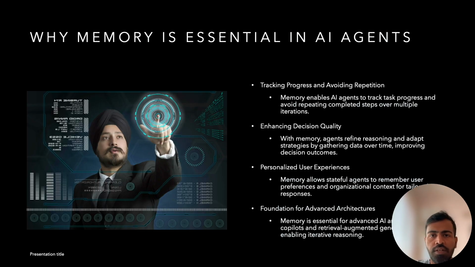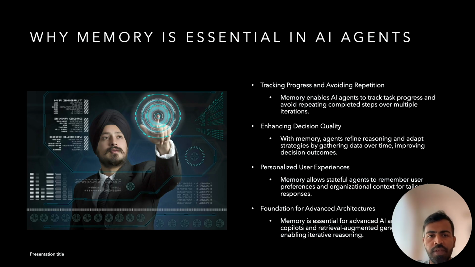One major advantage of incorporating memory is that it allows agents to track progress and avoid repeating previously completed steps, especially in scenarios where tasks span multiple iterations, such as executing multi-stage calculations, recalling user preferences, or processing multi-document instructions.